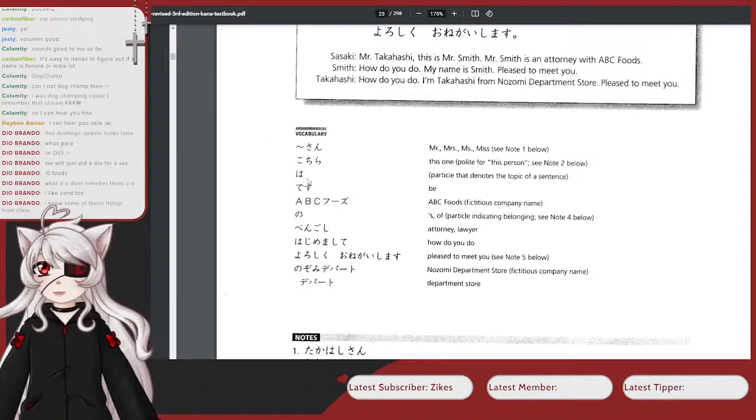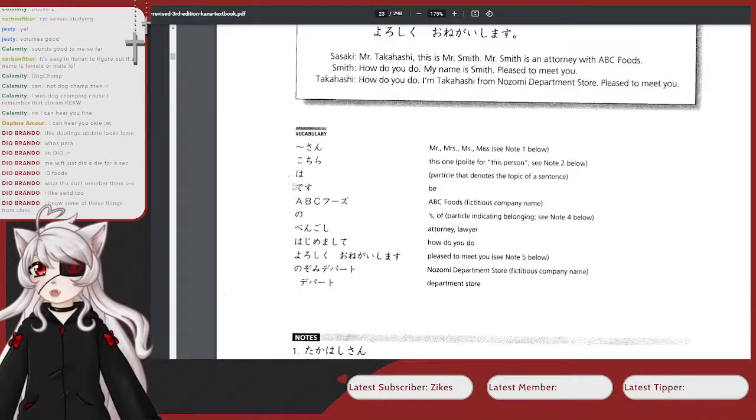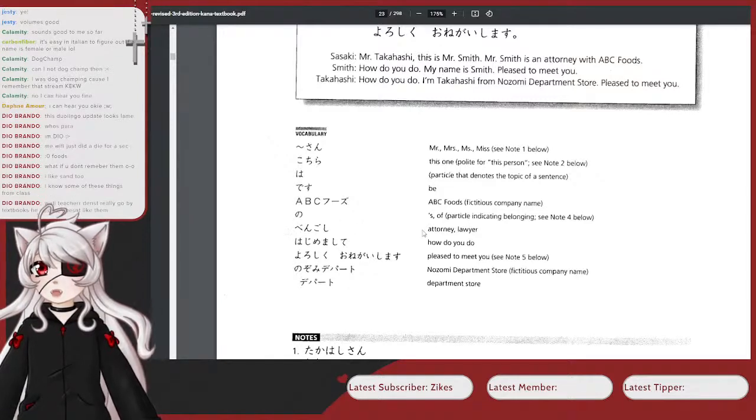Wa, obviously, again, is the particle that denotes topic. Desu is am or be, that basically important word. ABC Foods, which is ABC Foods. No, which is the of or possessive apostrophe s.